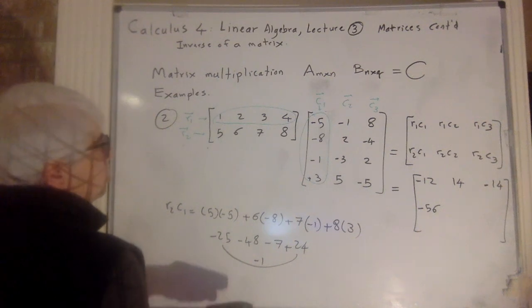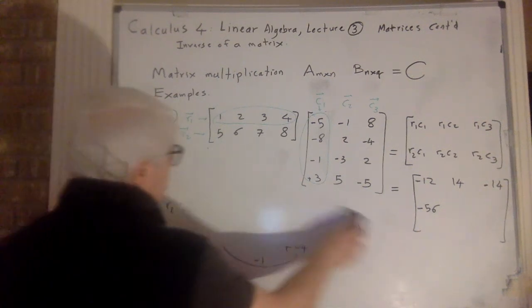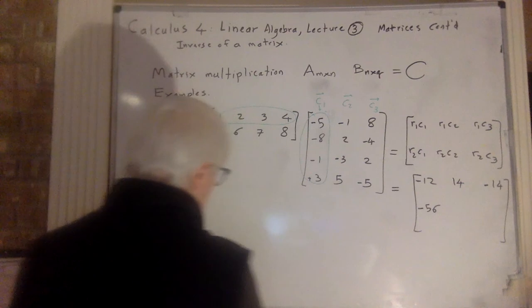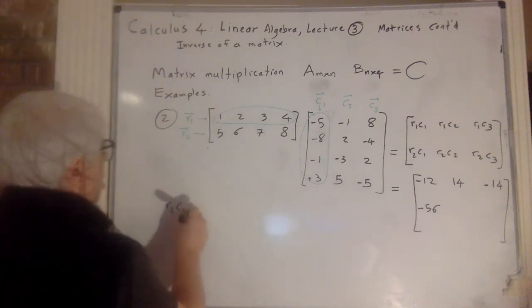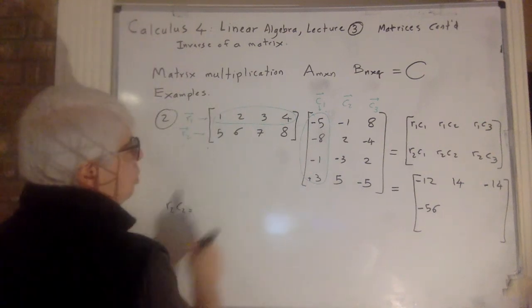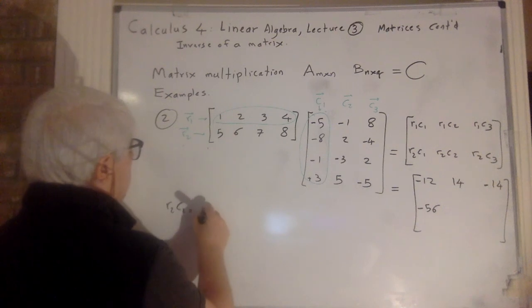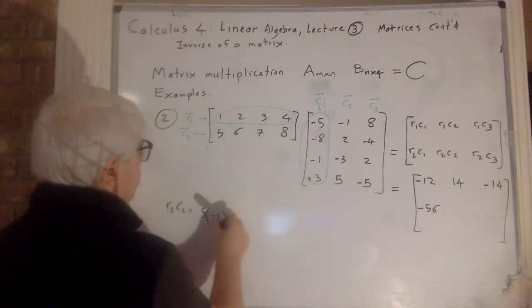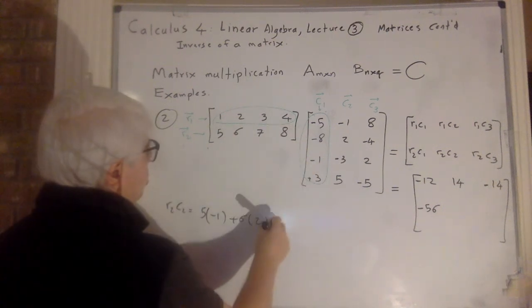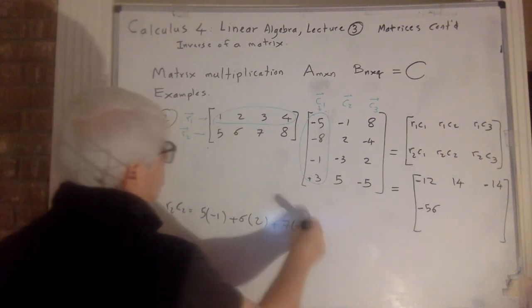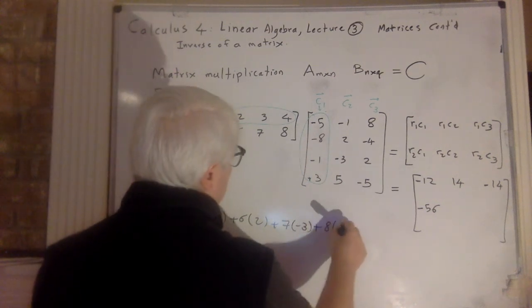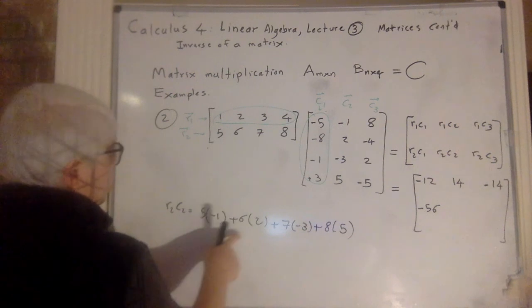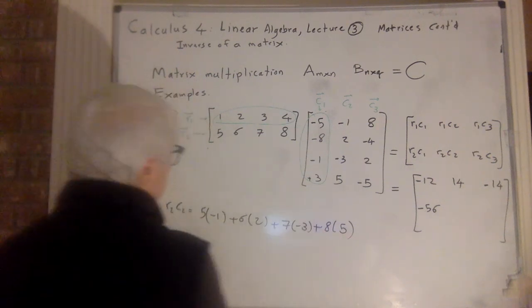So R2C1, R2C2. R2C2 will be 5 times negative 1 plus 6 times 2 plus 7 times negative 3 plus 8 times 5. And now it's minus 1, 2, negative 3, 5.